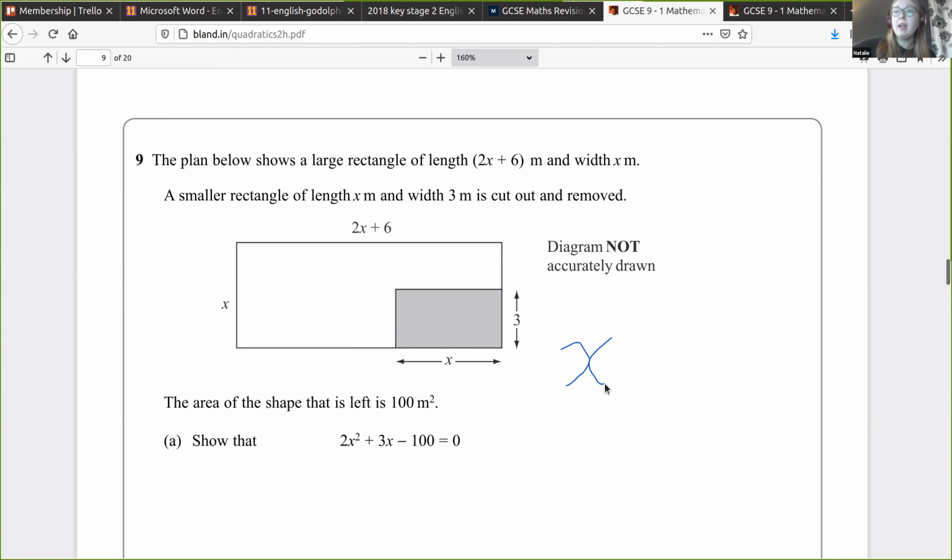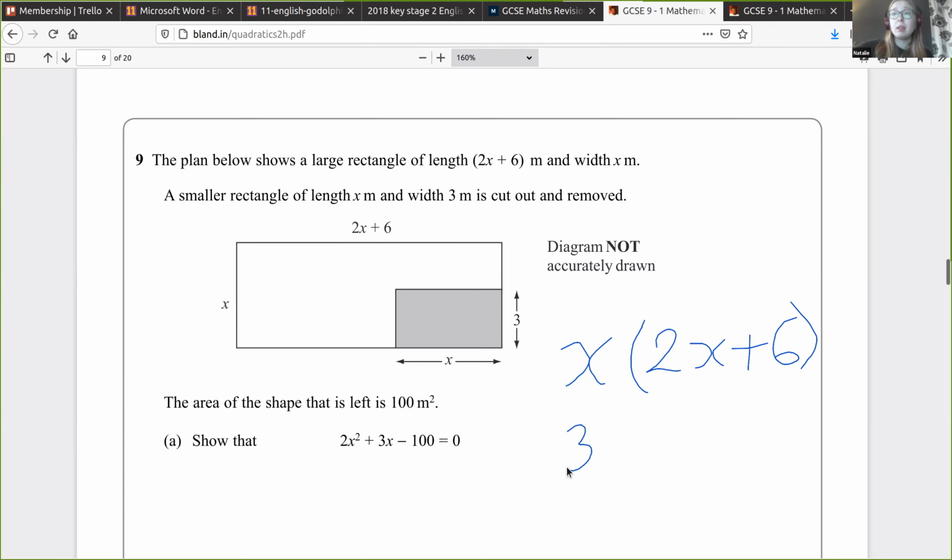We've got x multiplied by 2x plus 6. That's the area of the full rectangle. The area of the bit that we've cut out, well, that's exactly the same. We just need to do the length times the width, which is the same as 3 times x.